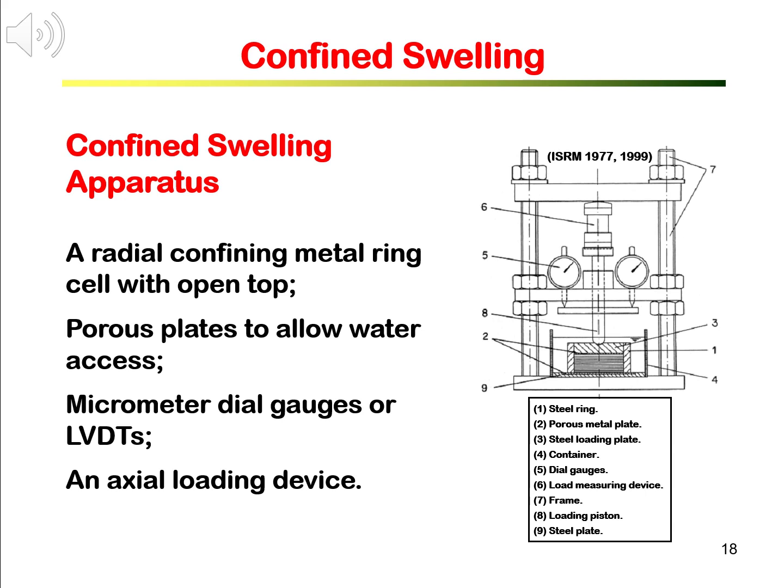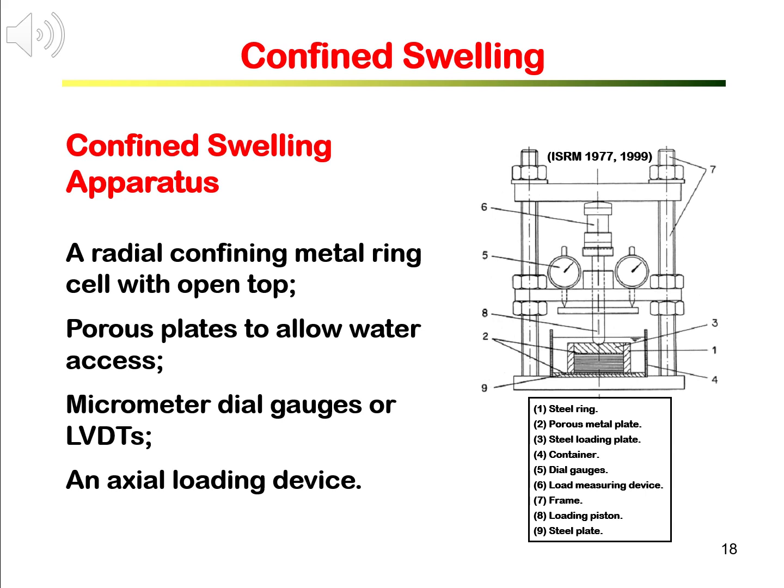The specimen is fitted inside the ring, and the radial swelling is therefore limited by the metal ring. Porous plates are on the top and at the bottom of the specimen for allowing water seeping through to the specimen.